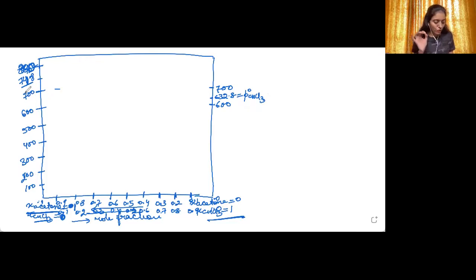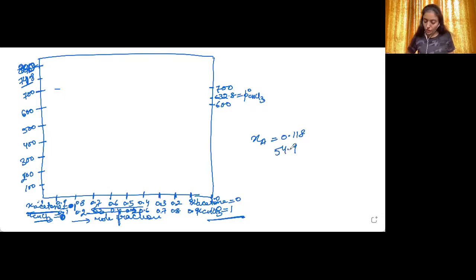Now move into the observation table, the values that have been given to us. When the mole fraction of acetone is 0, its vapor pressure is 0. Understood? When it is not there, there is no vapor pressure of acetone. Then next, when the mole fraction of acetone is equal to 0.118, at that point of time, its vapor pressure is 54.9.